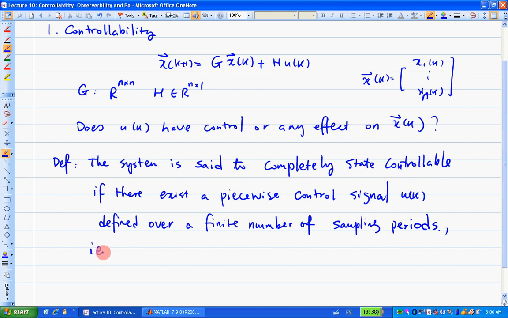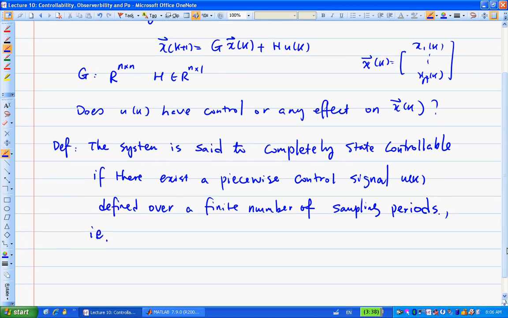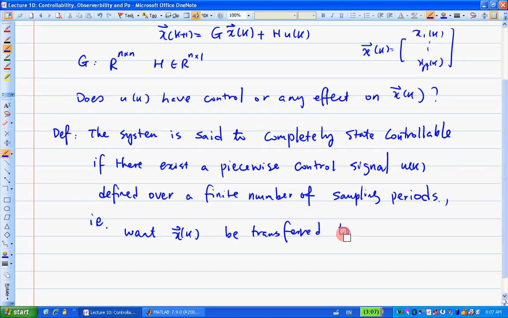So in other words, let's say what you want is for x of k to be transferred from x0, here is your initial condition, to a final state, xf.